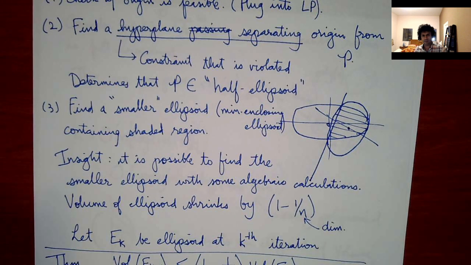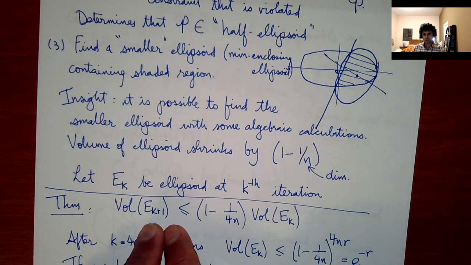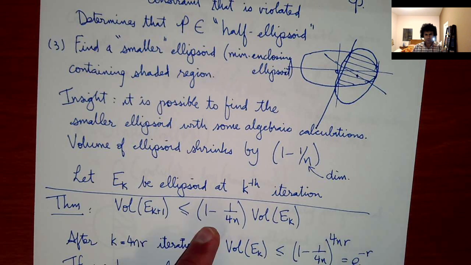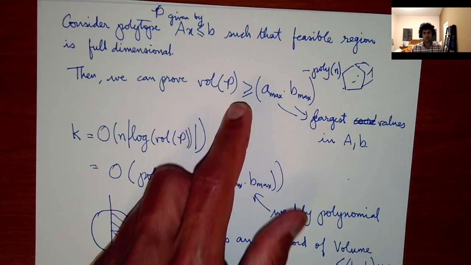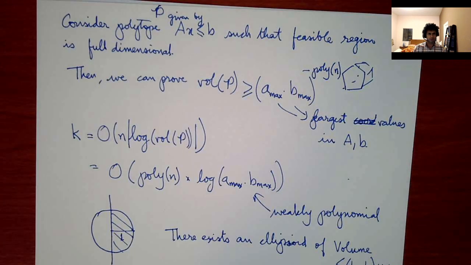It's a fancy version of binary search over volumes, and the magic happens in the fact that the ellipsoid actually shrinks by a small amount, 1 minus 1 over n. But that's enough that if you do polynomially many iterations, you can shrink the volume of the ellipsoid exponentially. And once you shrink it exponentially, then using some bound on the volume of a polytope, you get some termination criteria.